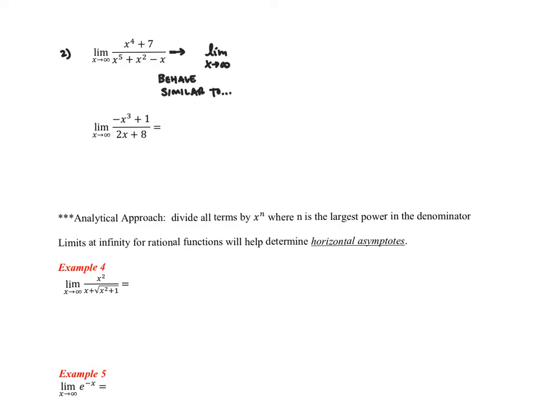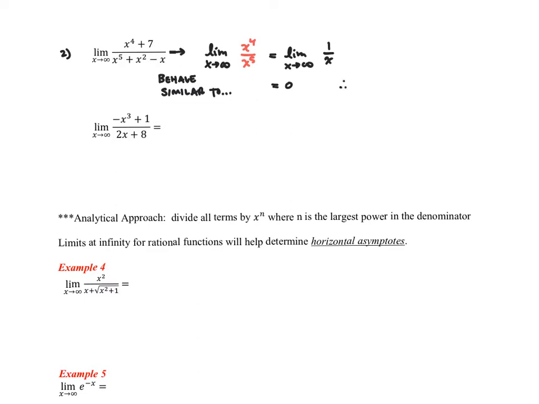I'm going to rid myself of the 7, the x squared, and the x. Therefore, I'm going to compare this to x to the 4th over x to the 5th. As x goes to infinity, x to the 4th over x to the 5th is equivalent to the limit as x approaches infinity of 1 over x. And we know that limit is 0.